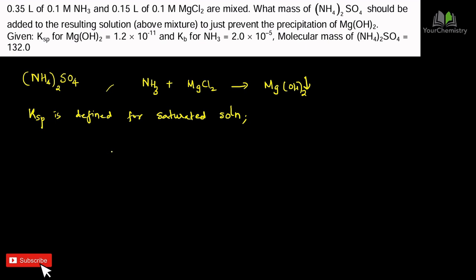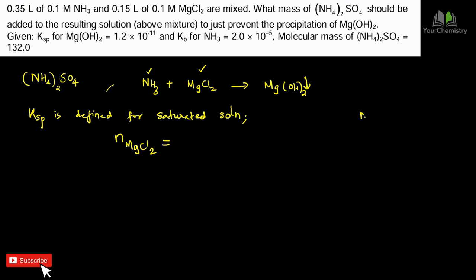So let's take the number of moles of magnesium chloride in this given solution by mixing NH3 and MgCl2. So in that particular solution, what is the number of moles of magnesium chloride?